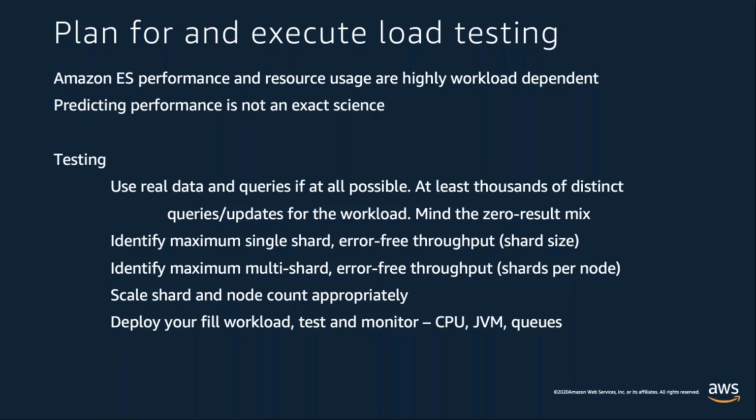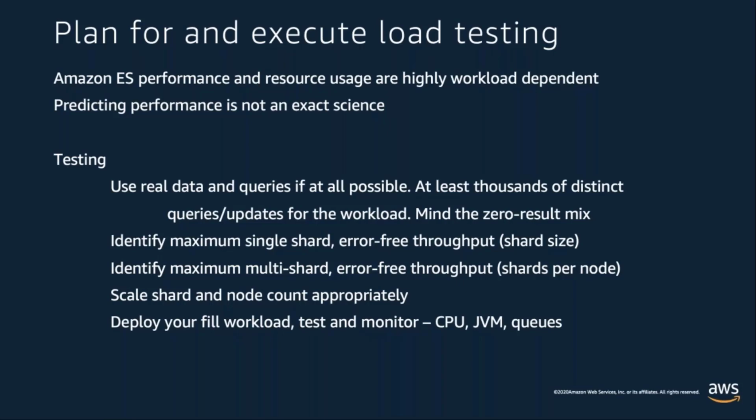So as a test plan, one way to approach this is to look at a single shard on a single instance with a single index. You're going to take that single shard and drive your workload to it and measure the error-free throughput across variations in the shard size. So this is going to help us dial in the optimal shard size for your workload.